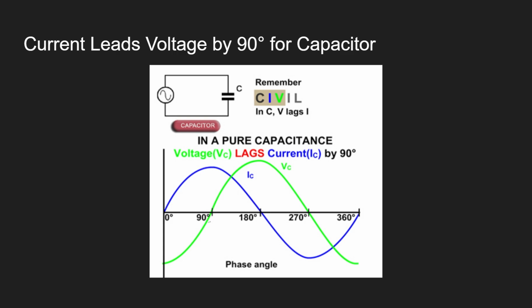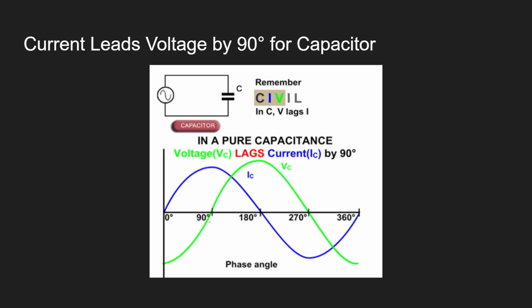Okay, so they actually have a phrase here, CIV, right? CV lags I, okay? CV lags I. And L represents inductor, so it is VIL, which means current lags voltage by 90 degrees.